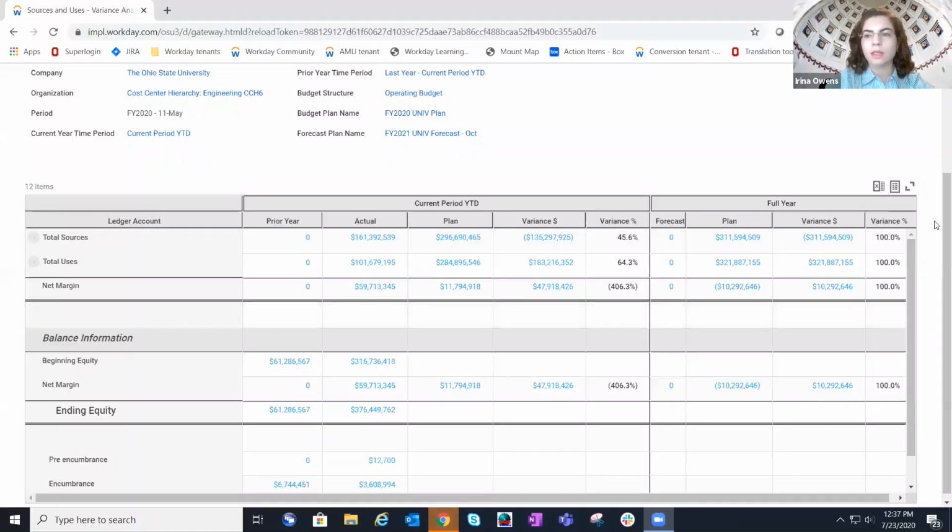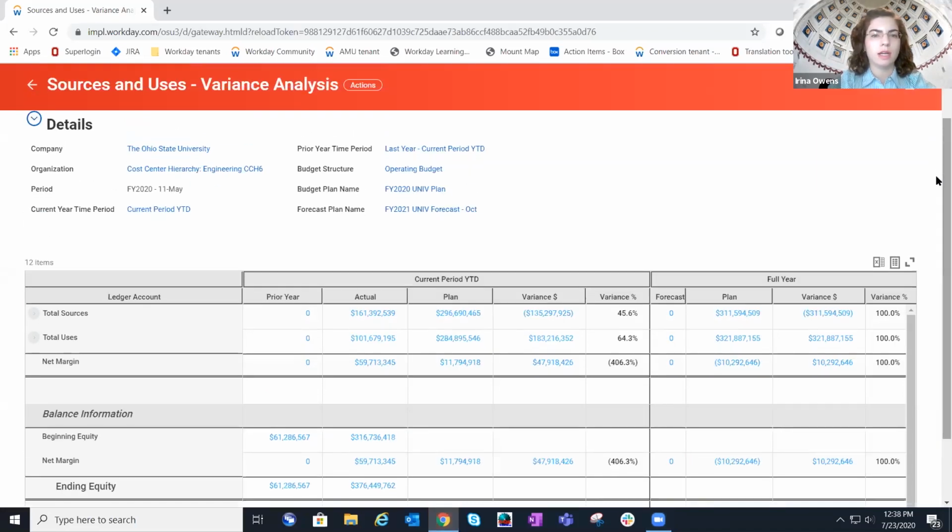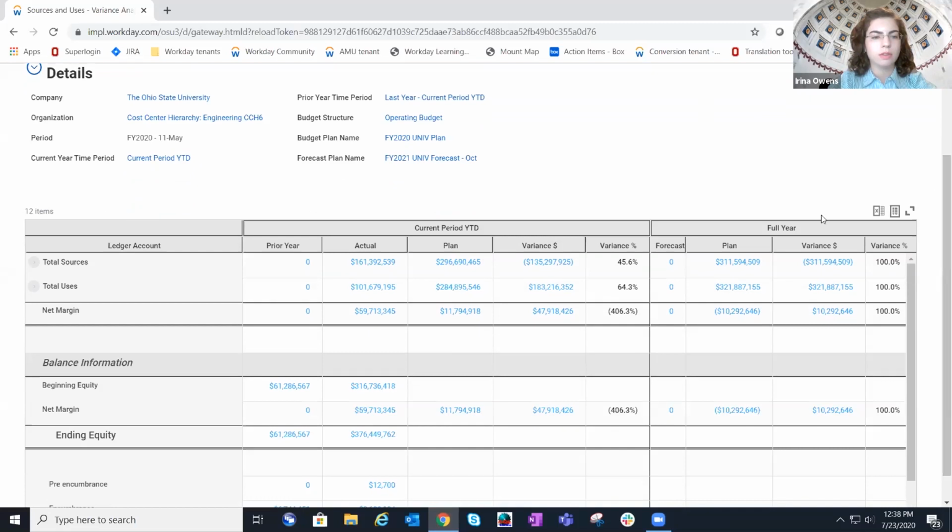Thank you, Tiffany. So here on my screen, I have a sources and uses variance analysis report pulled up. You can see I ran it for engineering organization, and we want to look at the numbers that show up. As I scroll down to the ending equity line, I'm going to pivot the data to show you the difference between a carry forward work tag and not a carry forward work tag.